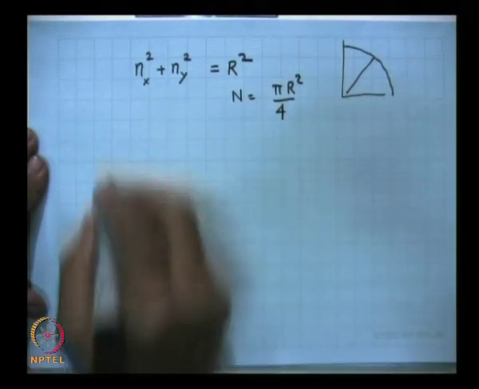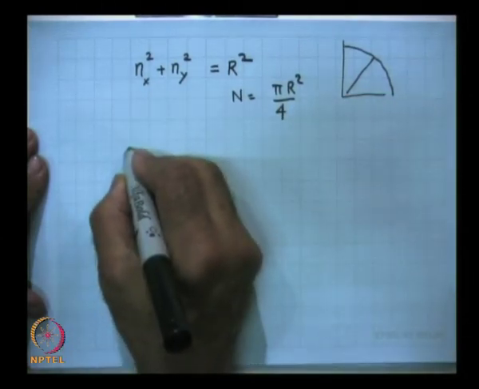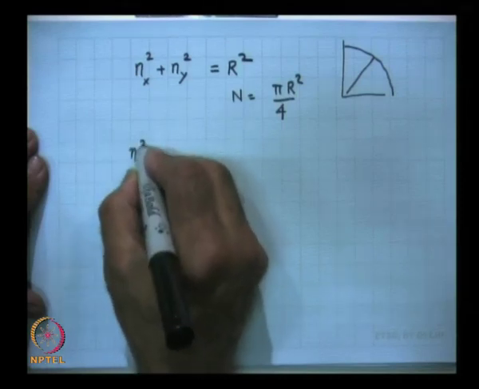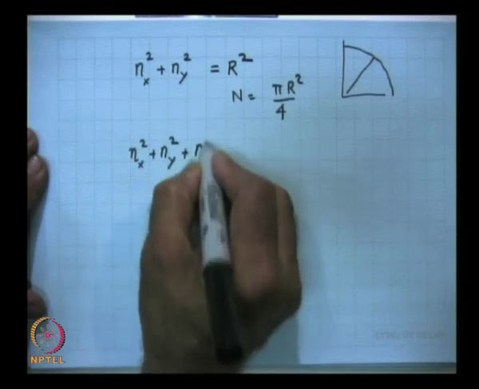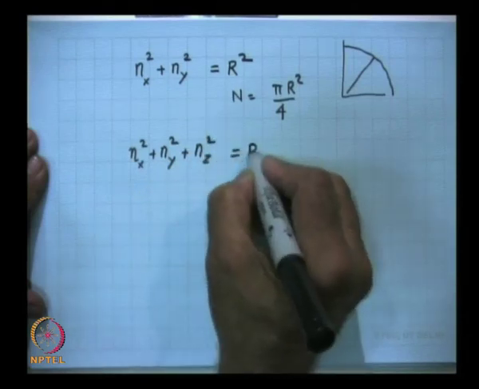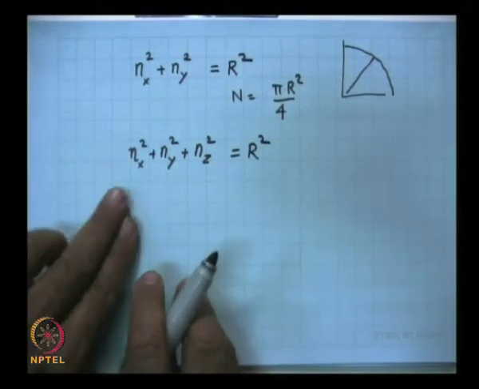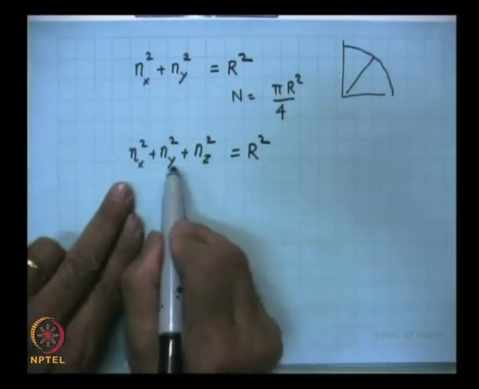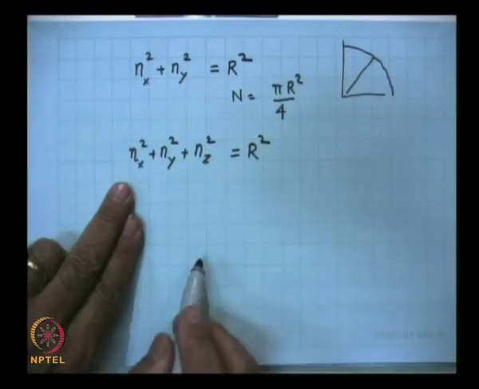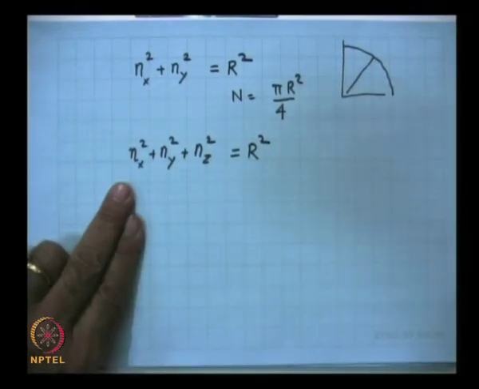But our problem is slightly more complicated, because now I have sets of 3 integers, nx square plus ny square plus nz square equal to r square. So, I want to find out the sets of integers such that their sum of the squares is less than or equal to r square.